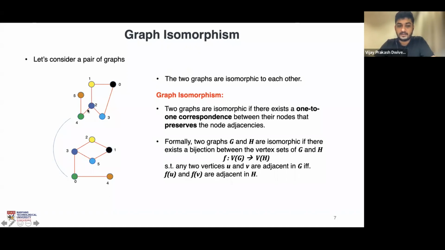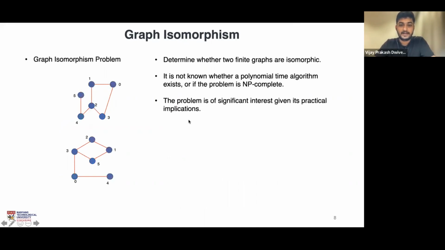For any particular edge in the first graph and second graph, it is preserved. If a node is mapped to another index, then the corresponding edge is still preserved. So this is the key definition, the main definition of whether two graphs are isomorphic or not. We'll see why it's important.